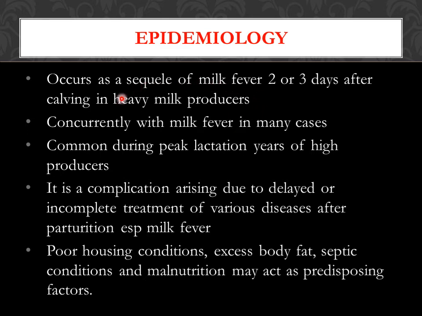Heavy milk producers produce more milk, more colostrum. Milk contains plenty of calcium, rich in calcium. So along with milk, there is draining of calcium from the body. The result is hypocalcemia. That is the important etiology for milk fever and its sequelae DCS.